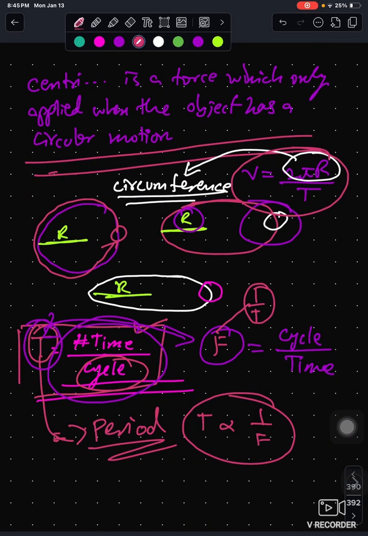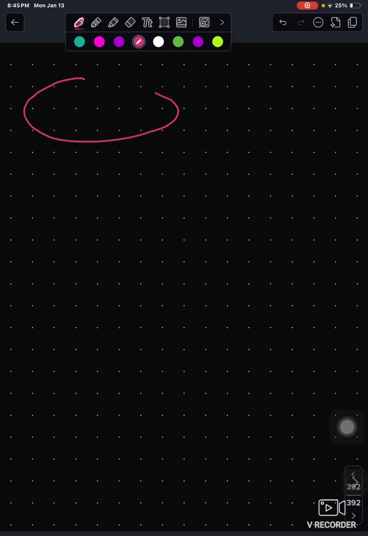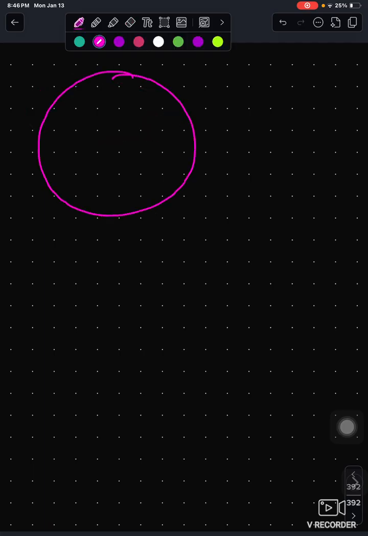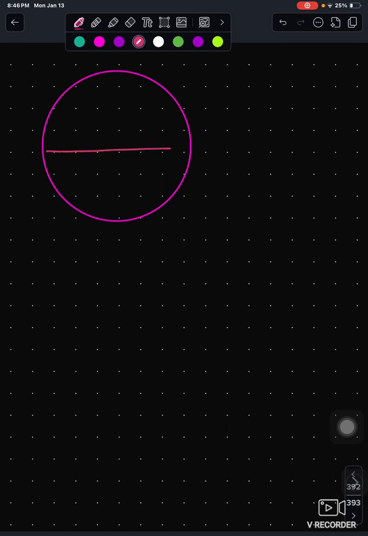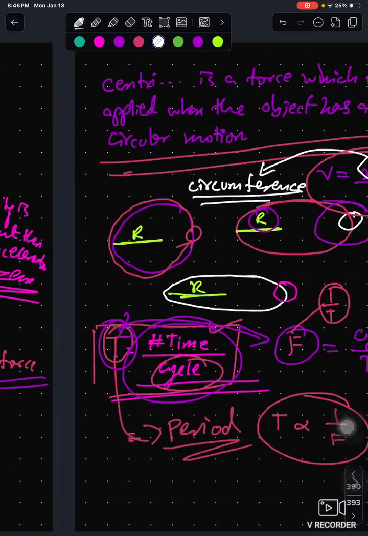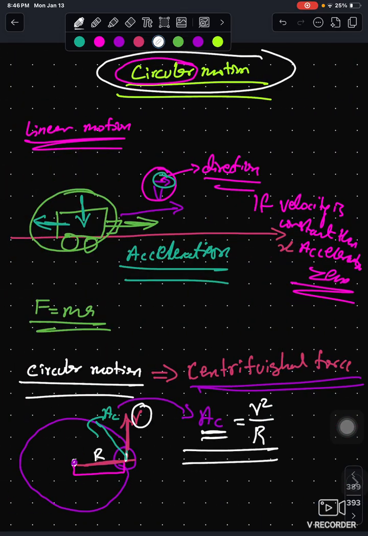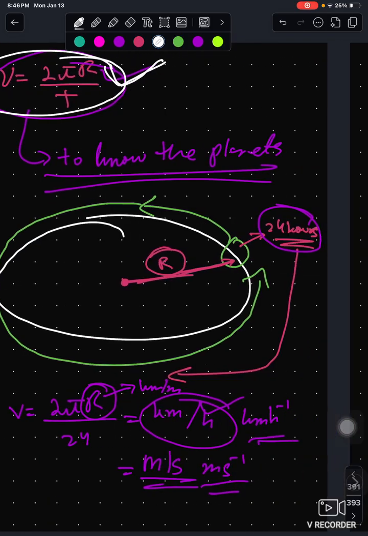The centrifugal force, let's suppose we have many points, we have a circle, and in the circle we have four compartments: A, B, C, and D. The equation for centrifugal force is F equals ma, and this a is the centrifugal acceleration.